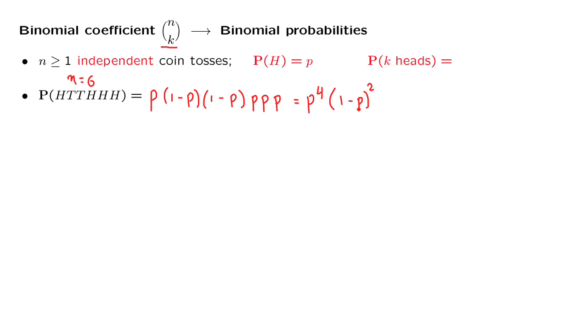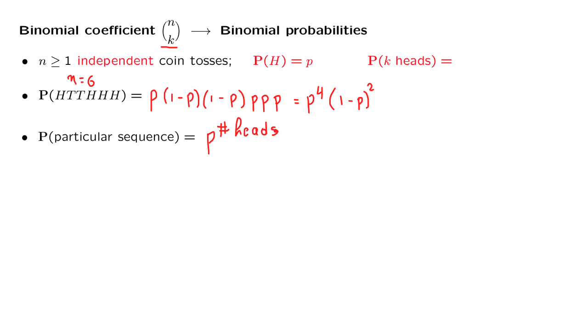More generally, if I give you a particular sequence of heads and tails, as in this example, and I ask you what is the probability that this particular sequence is observed, then by generalizing from this answer, or from the derivation of this answer, you see that you're going to get p to the power number of heads.